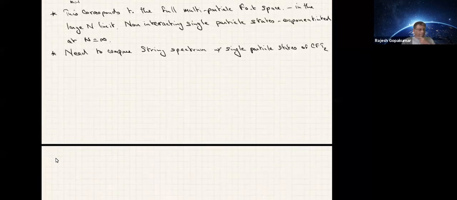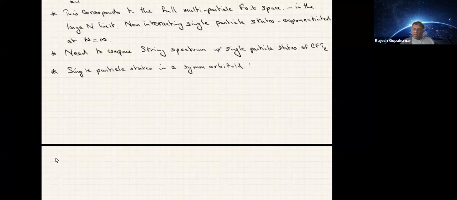Okay, so now that's where I need to invoke some statement that may be familiar to some of you, that the single particle states in a symmetric orbifold CFT correspond to single cycle states. So what do I mean?